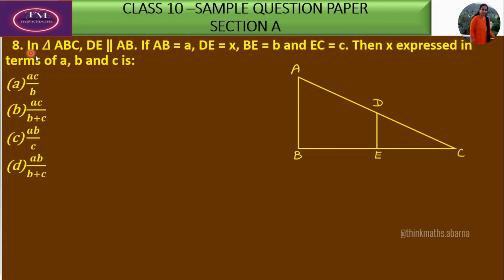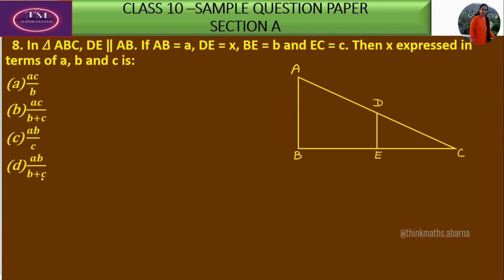Problem number 8. In triangle ABC, DE is parallel to AB. If AB is equal to a, AD is equal to x, BE is equal to b, and EC is equal to c, then x expressed in terms of a, b and c is: first option, ac by b; second option, ac by b plus c; third option, ab by c; fourth option, ab by b plus c.